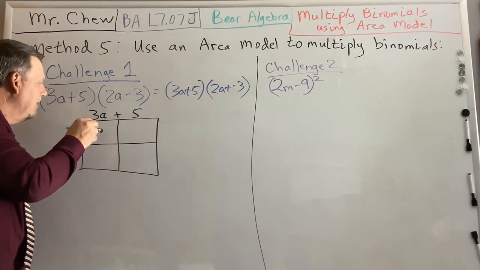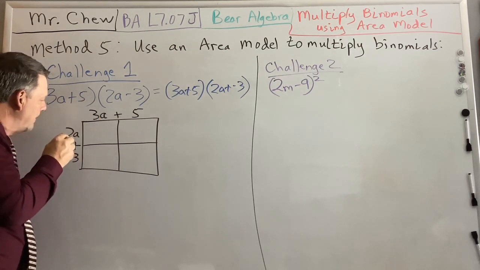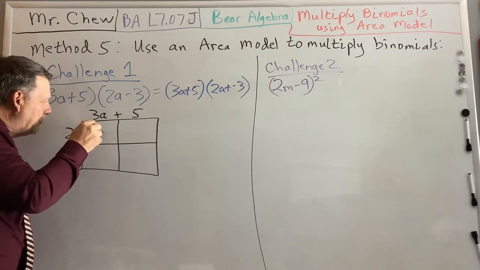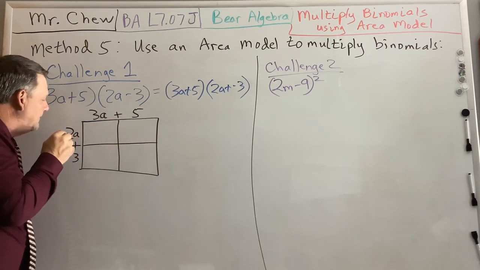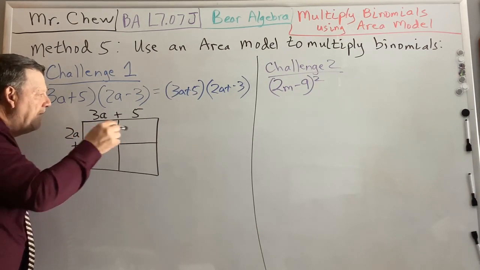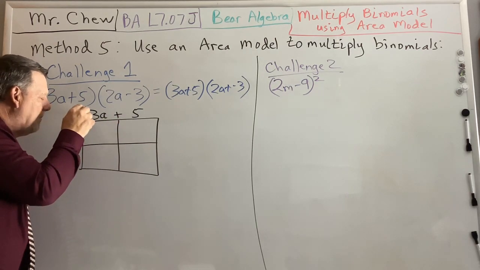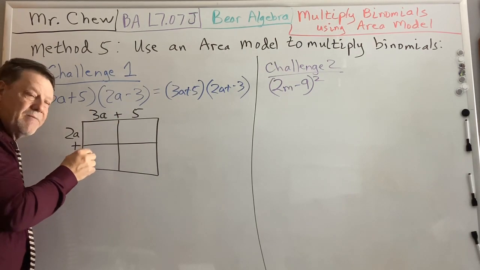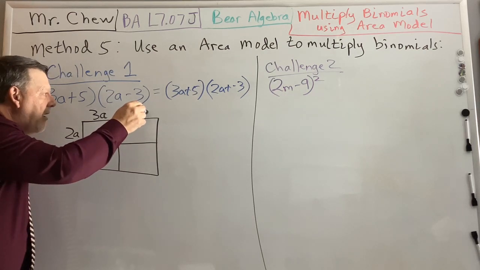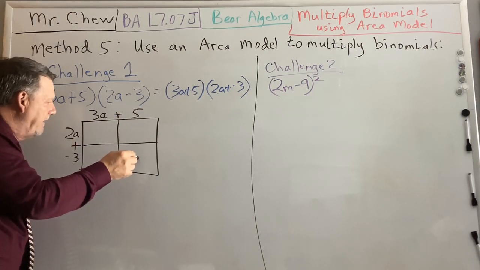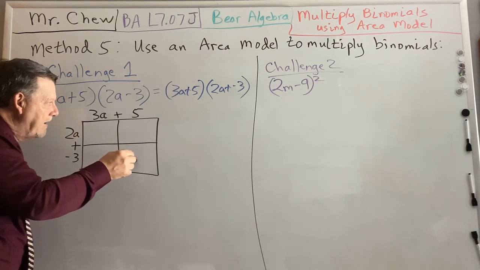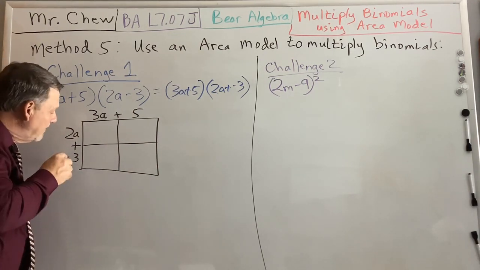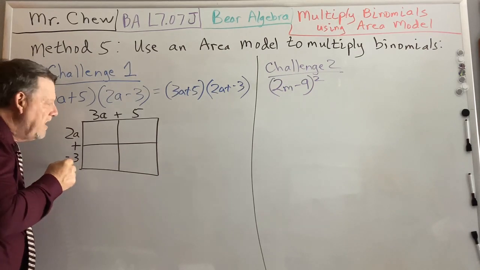Now I'm going to take this top times this top and multiply it together and put it here. This top right times this top left and write it here. This top left times this bottom left, write it here. This bottom right, which will be 5, times the left bottom, sorry, would be negative 3.